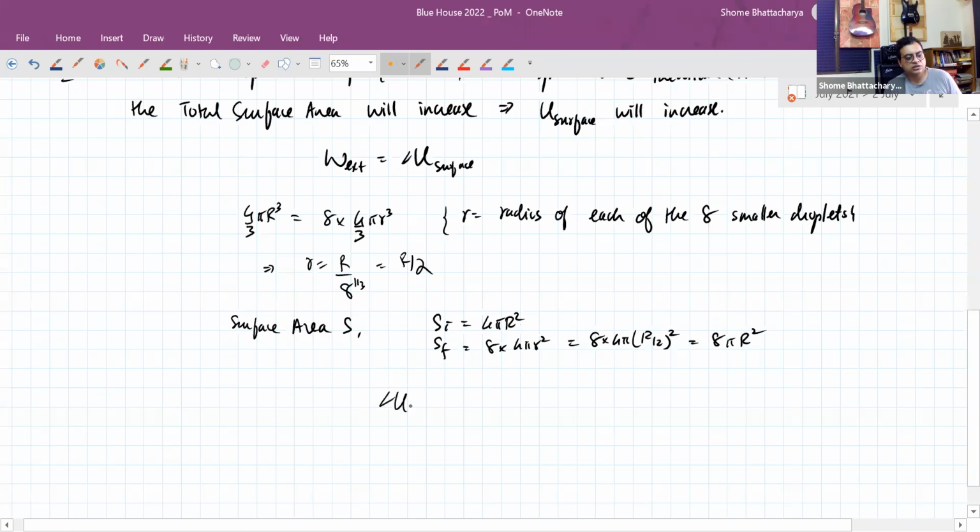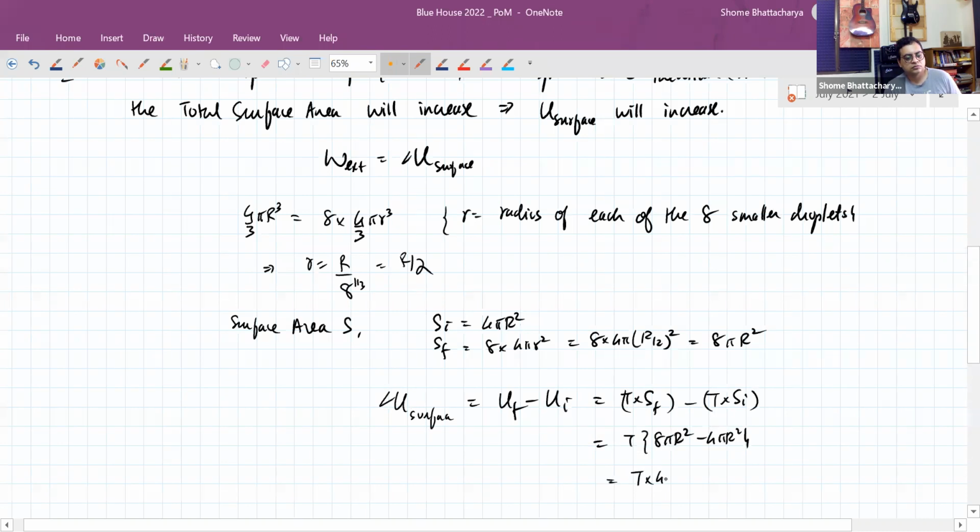So the change in surface energy is the final surface energy minus the initial surface energy. That is surface tension times final surface area minus surface tension times initial surface area. So this is our delta U, which is the work done by the external agent.